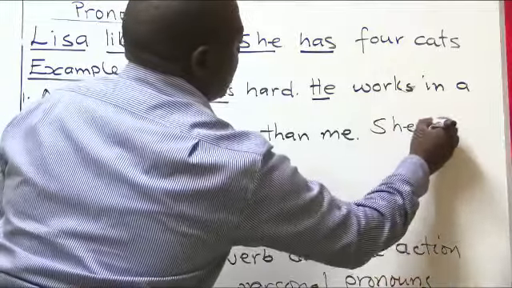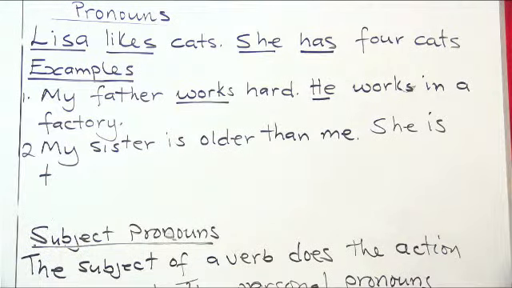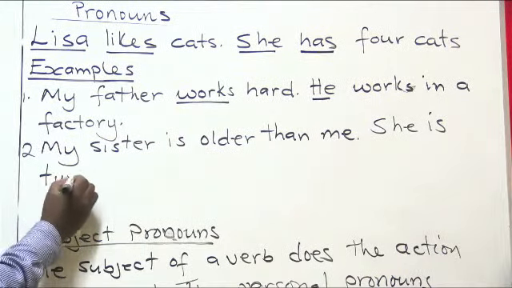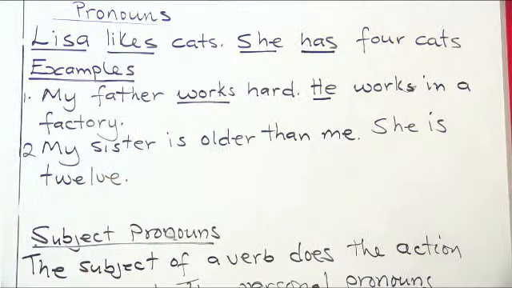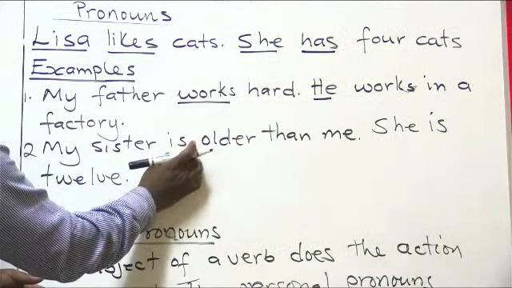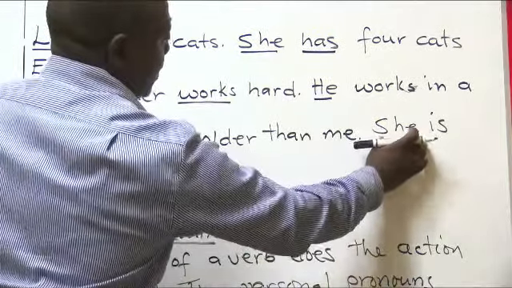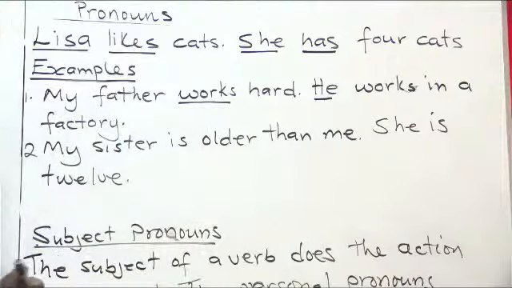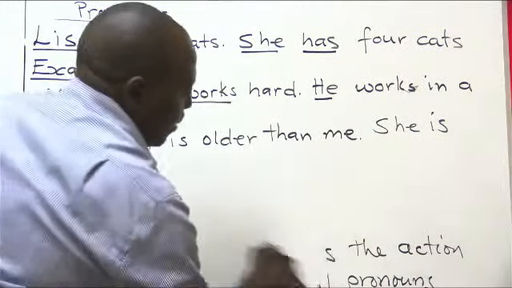She is 12. She is 12. Okay, so my sister is the subject of is. There, she is the subject of is in that sentence. Okay, we'll move on to other examples.